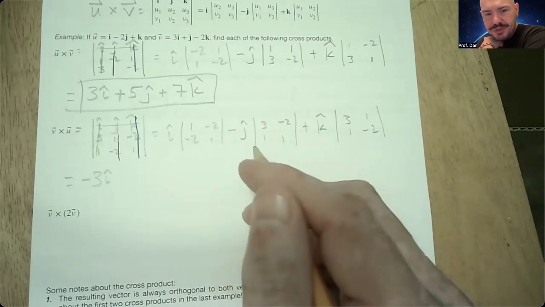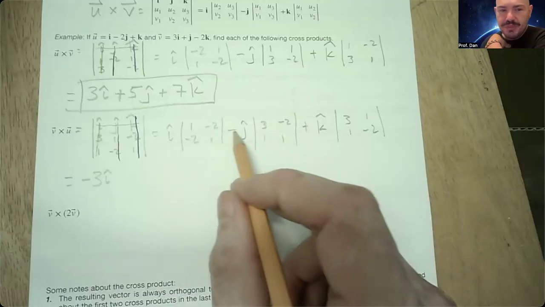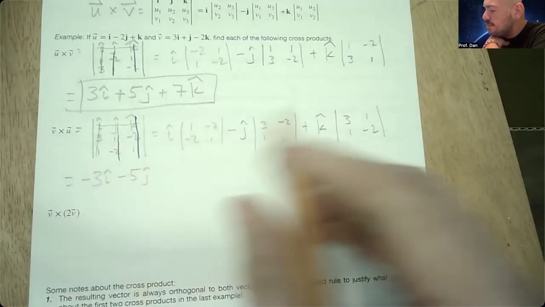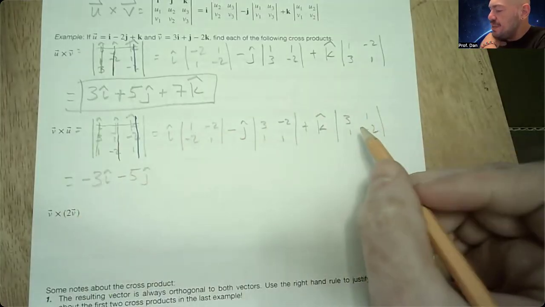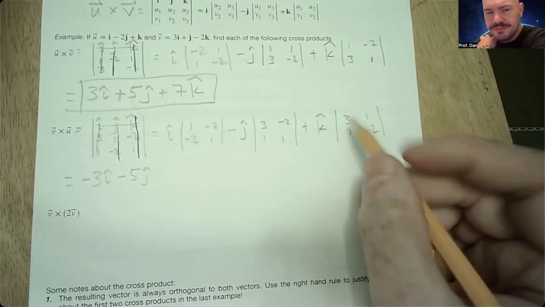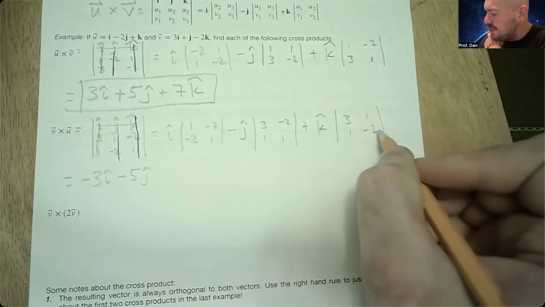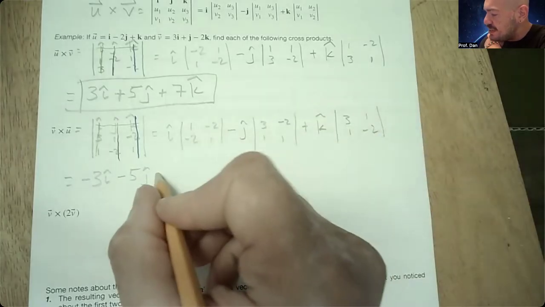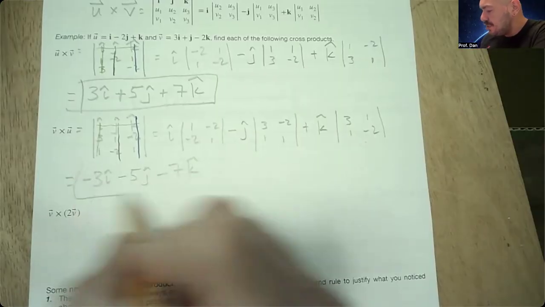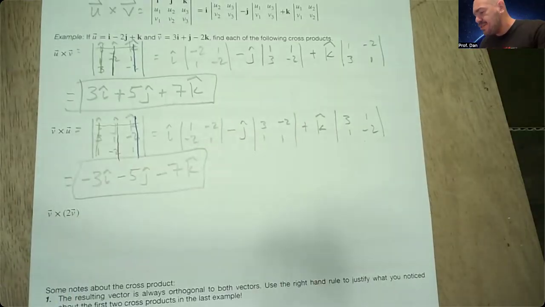So 3 plus 2 is +5. But because of that minus, that'll become -5. And then for k, -6 minus 1, we get -7. And that's the vector that we get for v cross u.